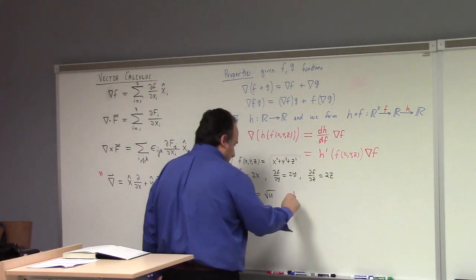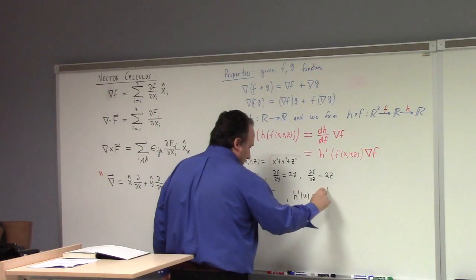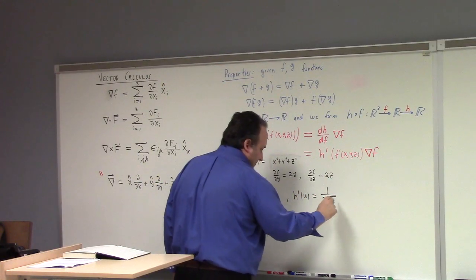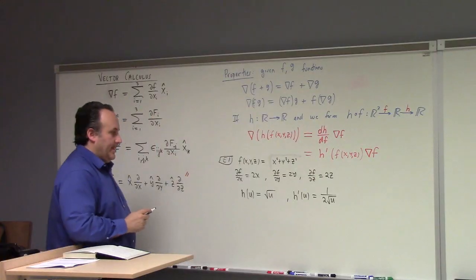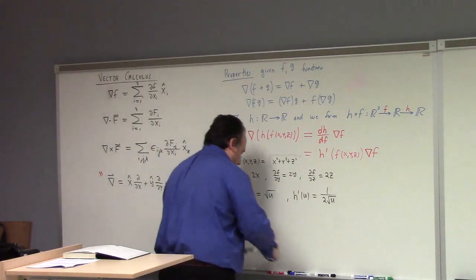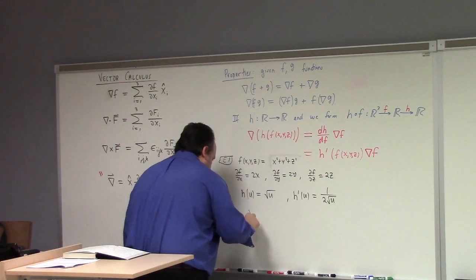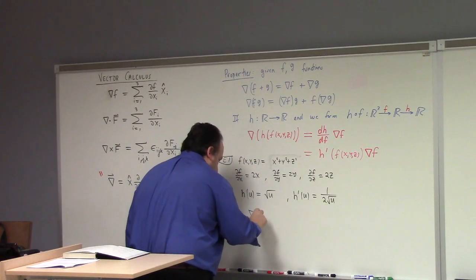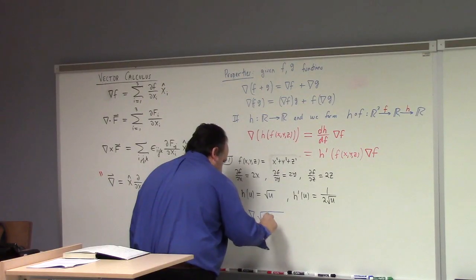So what if we look at H of U equal to the square root of U? Then H prime of U is 1 over 2 times the square root of U. So what's the gradient of the square root of X squared plus Y squared plus Z squared?